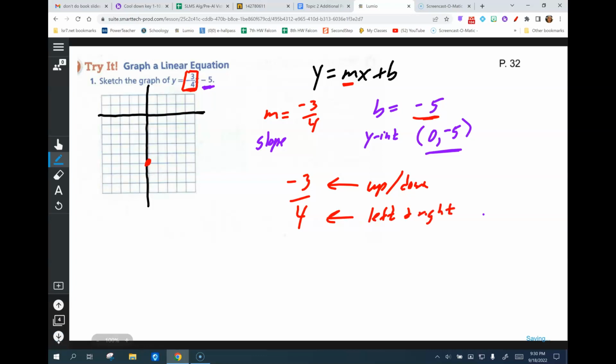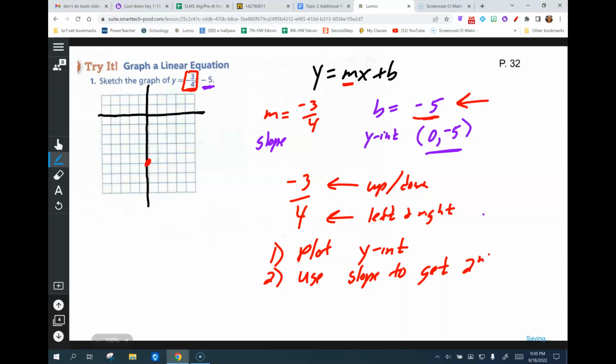Okay, so here we go. I start at my y-intercept, so that's where I begin. Okay, step 1, plot y-intercept. 2, use slope to get second point. I like 3 points.